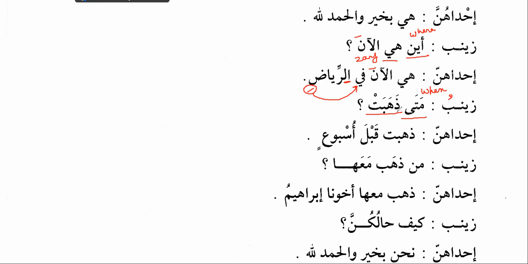One of the rules to recognize that it is a past tense is that you see the sign of femininity attached after the verb, and then the damir comes. So the sign of femininity here is the ta tanis. This is not a damir actually, it is the sign of femininity.